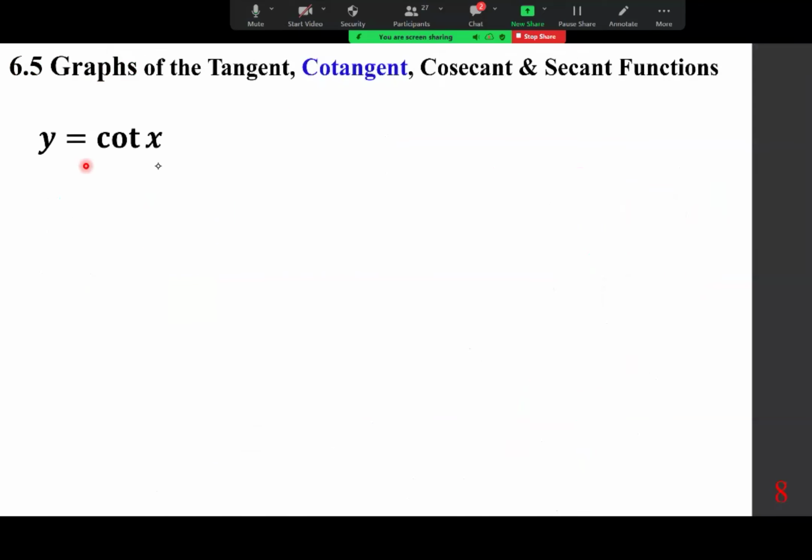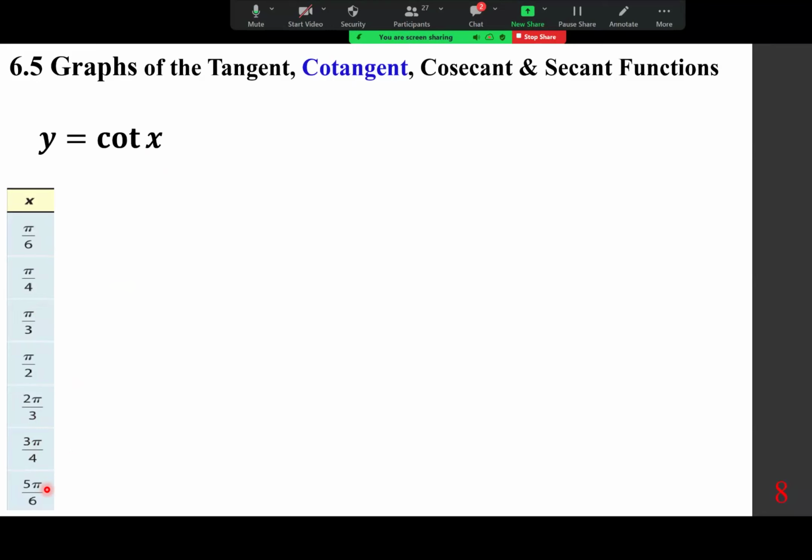Let's look at cotangent, y equals cotangent x, and we are going to do the same thing. We're going to just pick pairs as follows. Starting with pi over 6, we know the answer is square root of 3, pi over 4 is 1, pi over 3 is square root of 3 over 3, pi over 2 is 0. 2 pi over 3 is the same as pi over 3, but in the second quadrant it is negative, so negative square root of 3 over 3. 3 pi over 4, negative 1, because pi over 4 gives you 1.